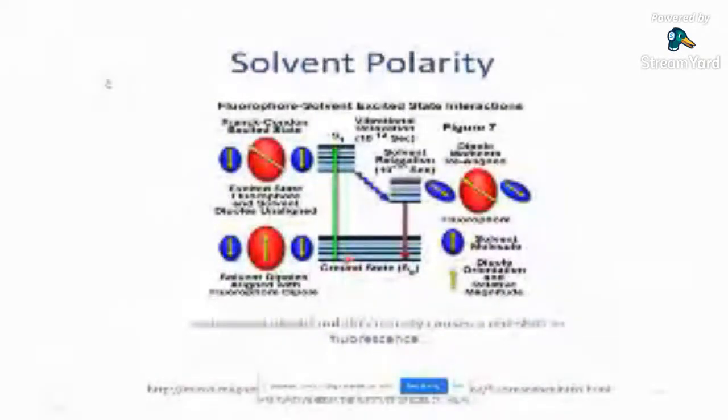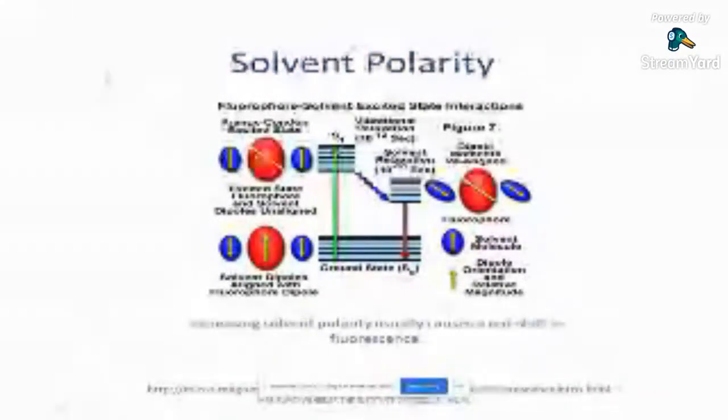Now, when these absorb some amount of radiation from the ground state, they will go to the singlet excited state, and in that state you can find that the fluorophore molecule changes its pole.